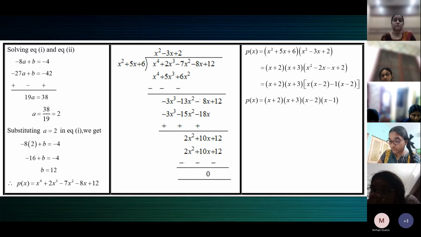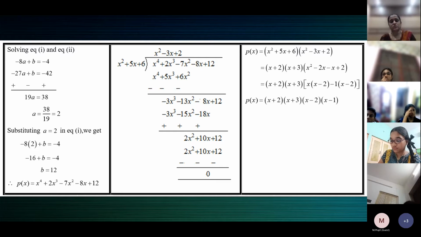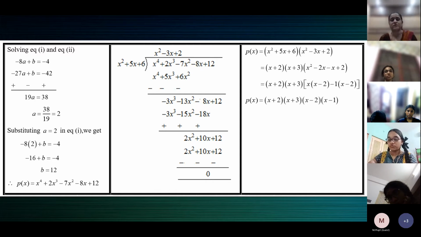So in this question, we're doing two things. We are finding the values of A and B, and we are also factorizing the biquadratic polynomial. So it's like two questions merged into one.